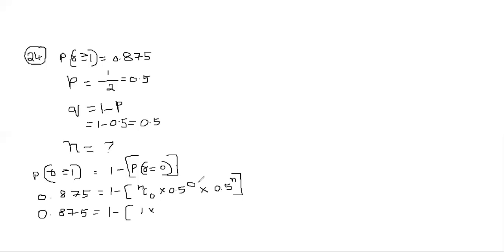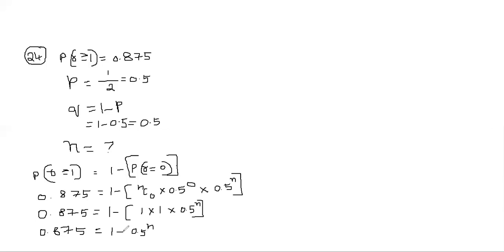Any value raised to the power of 0, you'll get 1, into 0.5 raised to the power of n. So 0.875 is equal to 1 minus 1 into 0.5 raised to the power of n, you'll get 0.5 raised to the power of n.